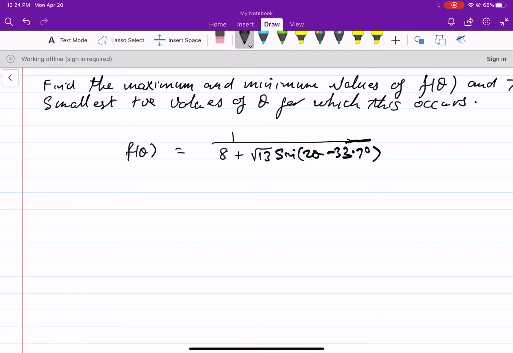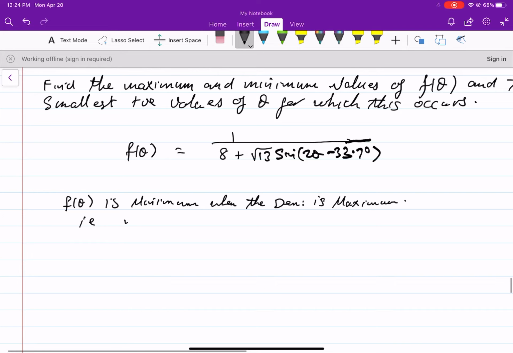And the denominator is maximum, so f of theta is minimum, when the denominator is maximum. That is when sine of 2 theta minus 33.7 is equal to 1.